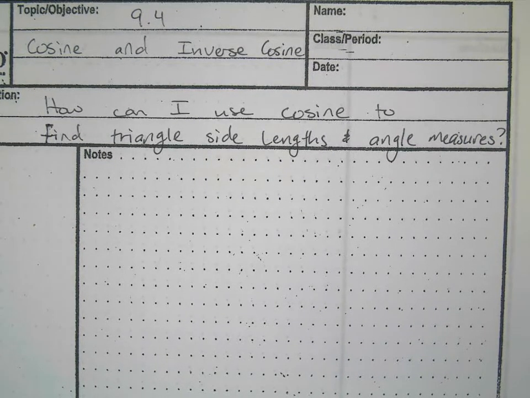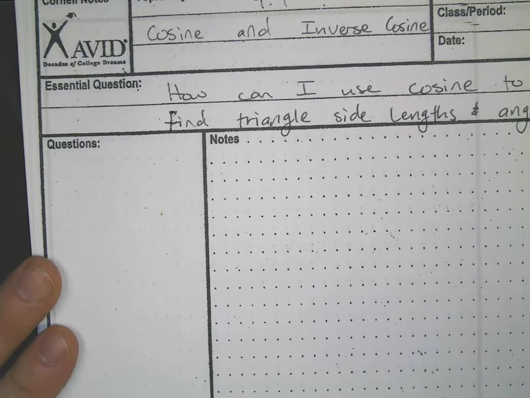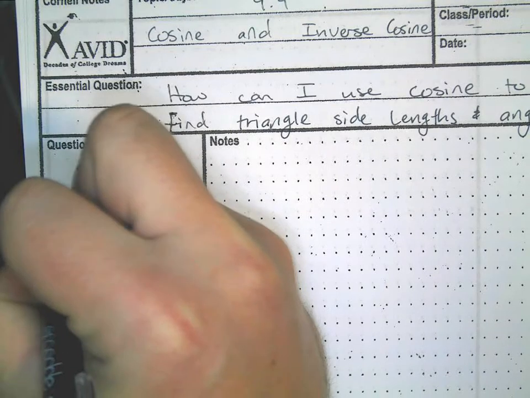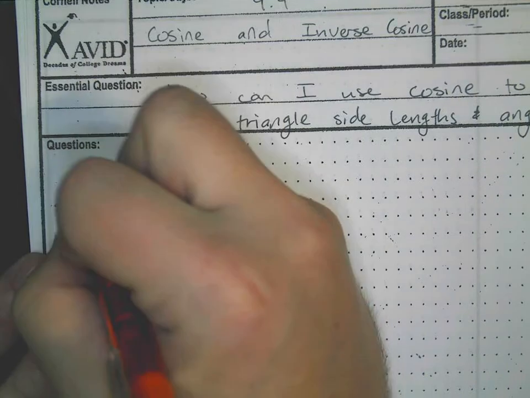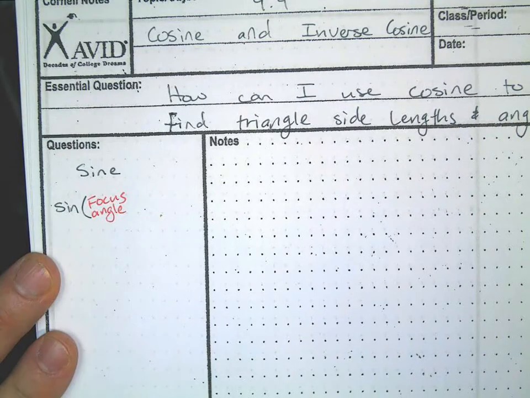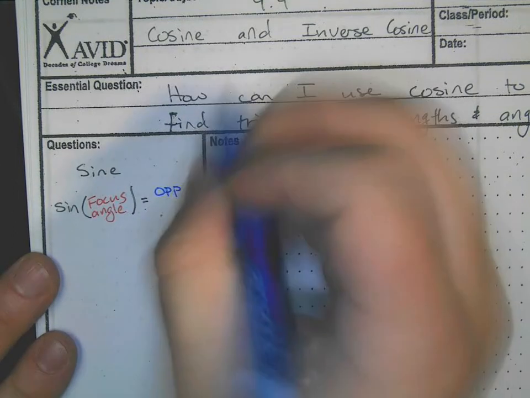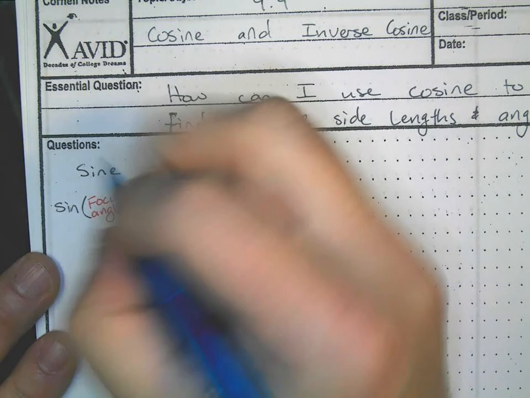So cosine is very similar to sine. We're just going to use a different side than we used for sine. So over here, let's review what we did for sine. For sine, we said sine of our focus angle is equal to our opposite, OPP, over our hypotenuse.